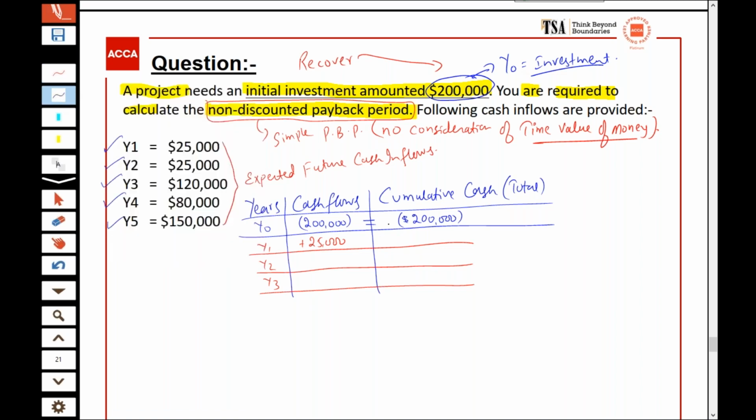Year one, if I have $25,000, then cumulatively adding it, minus 200 plus 25,000 is equal to minus 175,000. That means from $200,000, $175,000 is remaining.